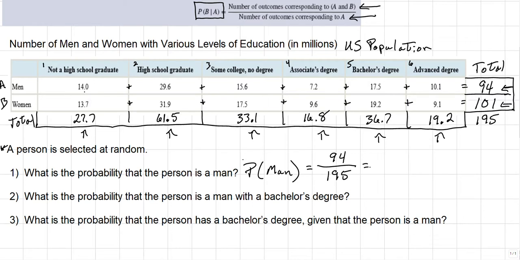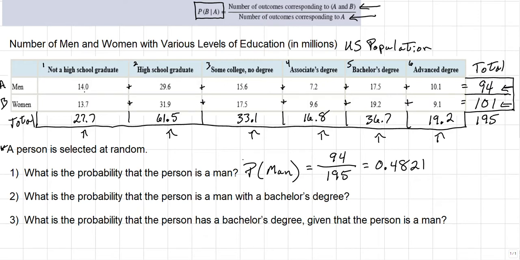You divide that and we get a 4-place decimal of 0.4821. That can be converted to a percent, roughly 48.21%, but we're going to use the 4-place decimal.